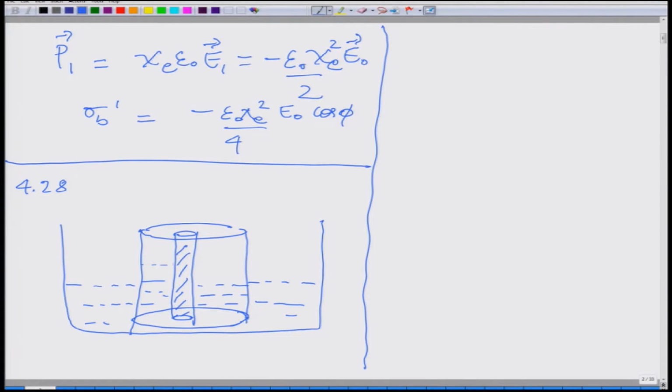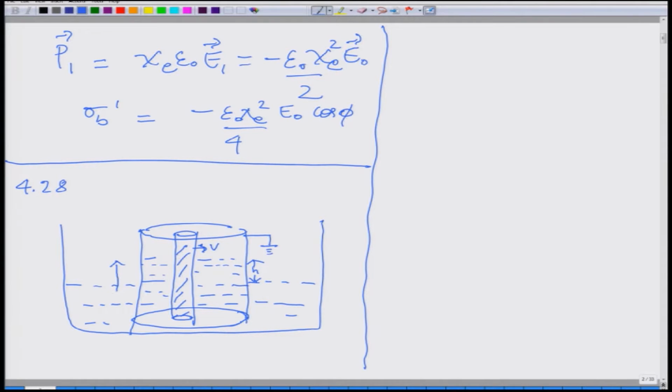The inner tube is maintained at a potential V and the outer one is grounded. So we are supposed to find the height up to which the oil rises in the space between these two tubes. So this is the h we are supposed to find.